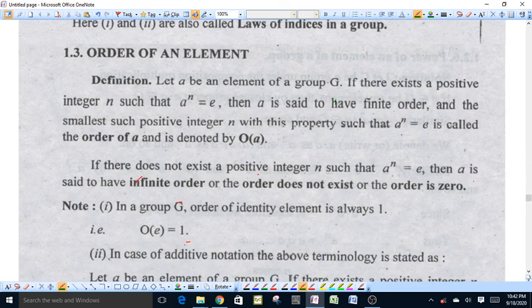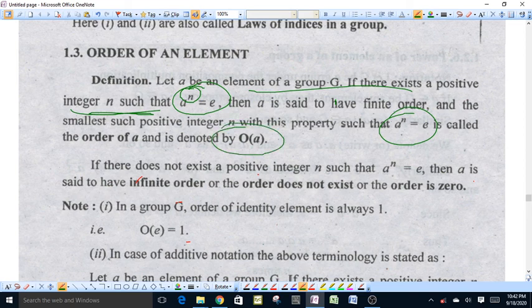Now, what is the order of an element? If a be an element of G, and there exists a positive integer n such that a raised to power n is equal to e, then a is said to have finite order, and the smallest positive integer n with this property, such that a raised to power n is equal to e, is called the order of a and is denoted by O(a).